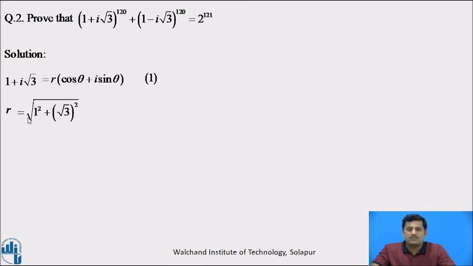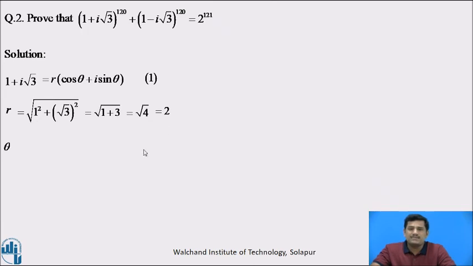r is the square root of 1 square plus root 3 square, that is the sum of squares of the real part and imaginary part. Here the real part is 1 and the imaginary part is root 3. And 1 square is 1 and root 3 square is 3, so it is root 4 and root 4 is 2.